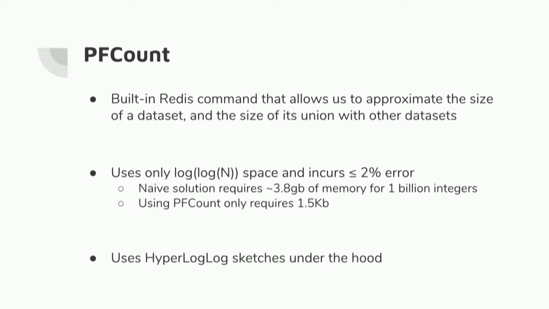So that's pretty huge. It means if you're trying to approximate a data set that has, let's say, 1 billion integers, a naive solution would require you to use something like 3.8 gigabytes to do that. Whereas a PFCount sketch, or the sketch underlying PFCount, really only needs 1.5 kilobytes. So already we're starting to see immense space savings here.